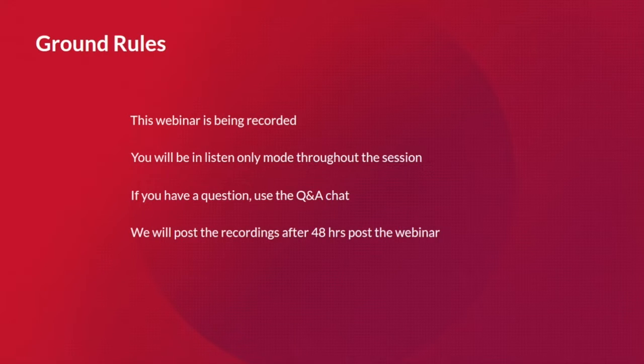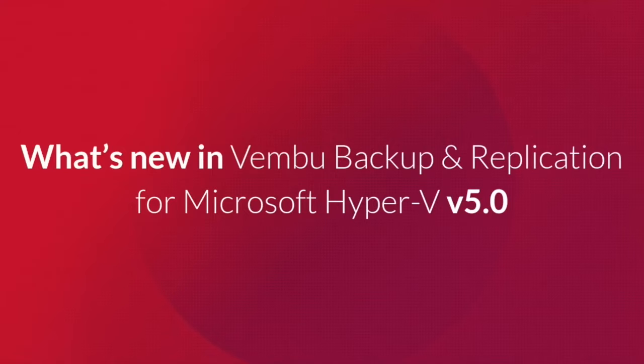Now the webinar starts. Today's webinar has been organized to give you an outlook or knowledge about what is there in version 5.0, and this is more concentrated towards what's new in Wimbo Backup and Replication for Microsoft Hyper-V version 5.0.